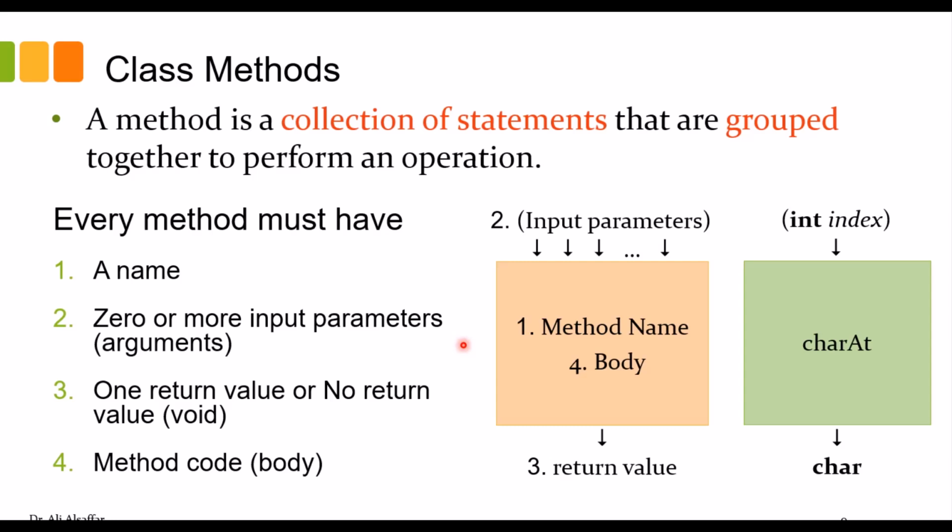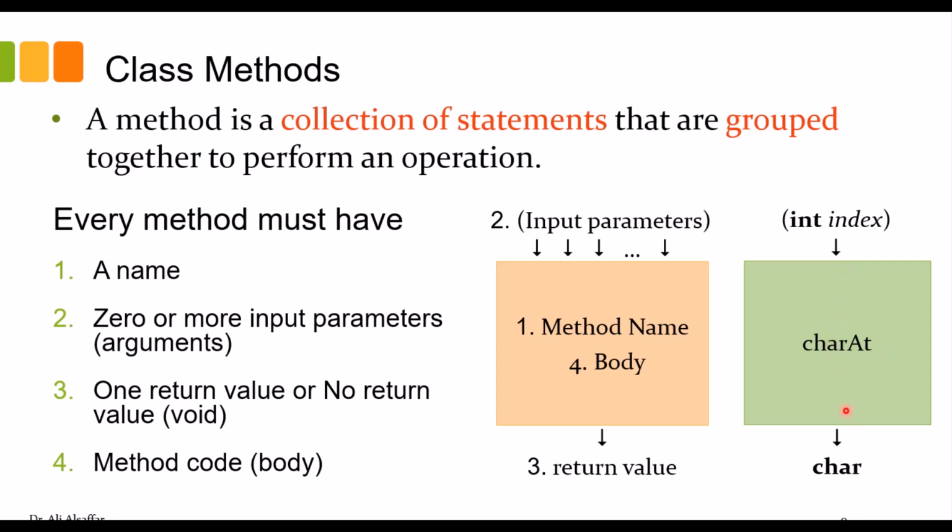An example of a method that you are familiar with is charAt. This method belongs to the String class. So the name of the method is charAt, this is number 1. And it needs one input parameter, which is the index. And you remember how it works: you give it an index, and it will give you a character.